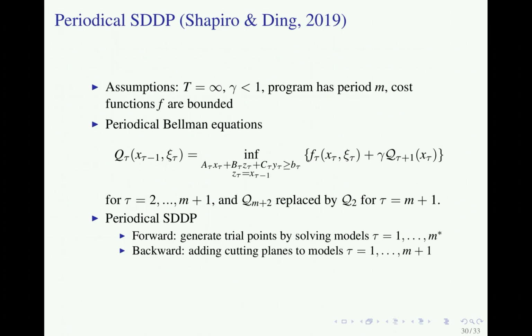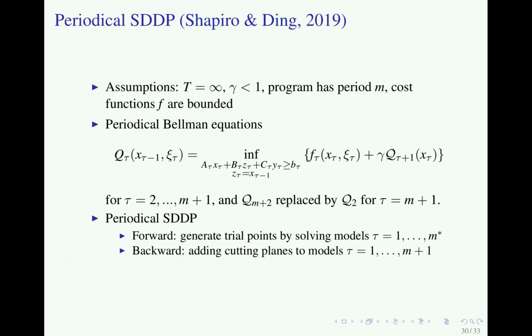Besides, the cuts obtained from stage 2 are also added to stage n plus 1. On the other hand, in the forward step, we use some heuristic to find trial points for stage 2 to stage n plus 1. Sometimes it works better if you look at a longer horizon to generate those trial points than just looking at the first n plus 1 stages.